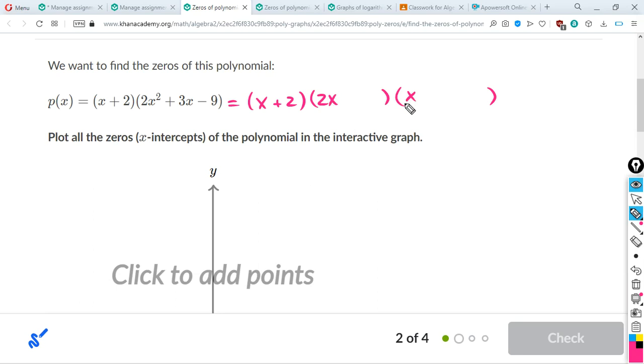Because 2x times x would give us 2x squared. And for the negative 9, there's not many factors for that. It's either going to be negative 9 and 1 or negative 3 and 3. Or you can reverse it, 3 and negative 3. So let's see which one works. I'm going to try negative 3 and positive 3.